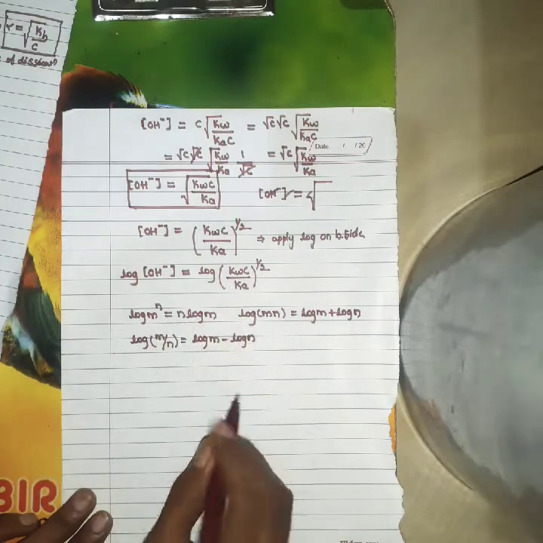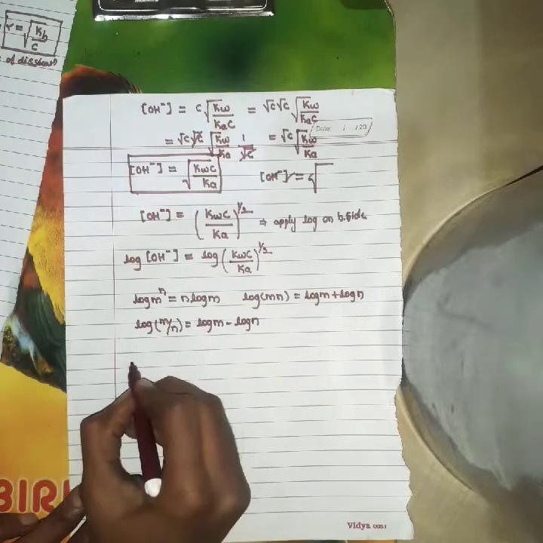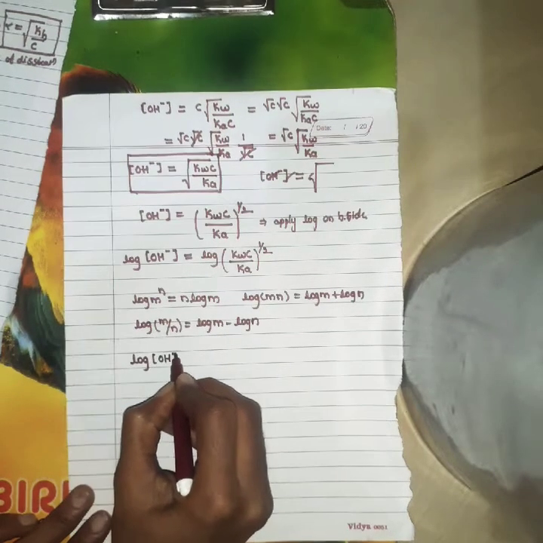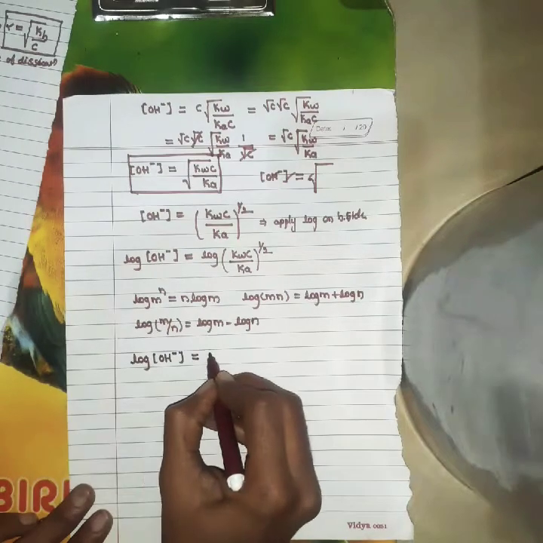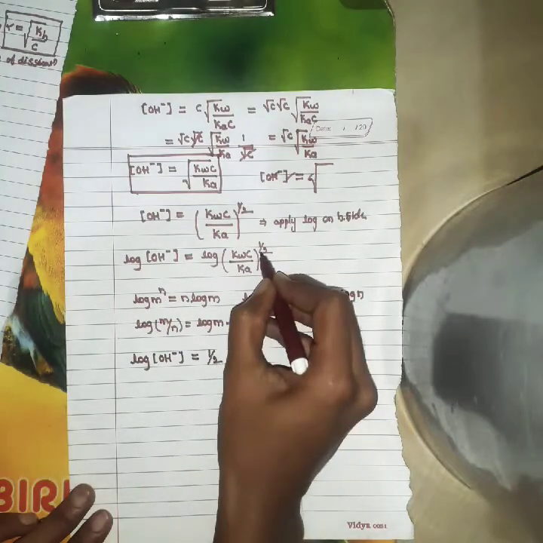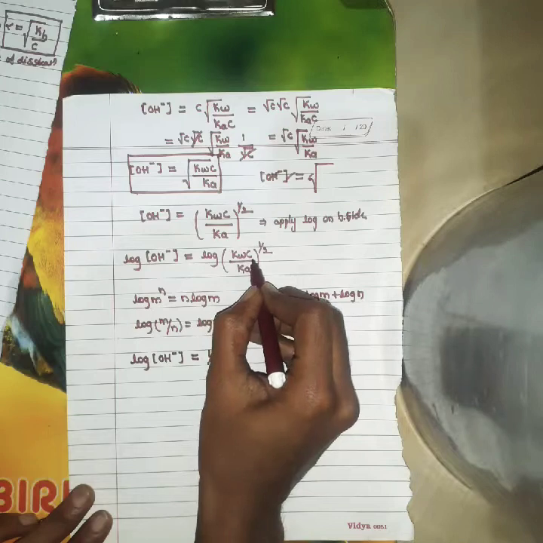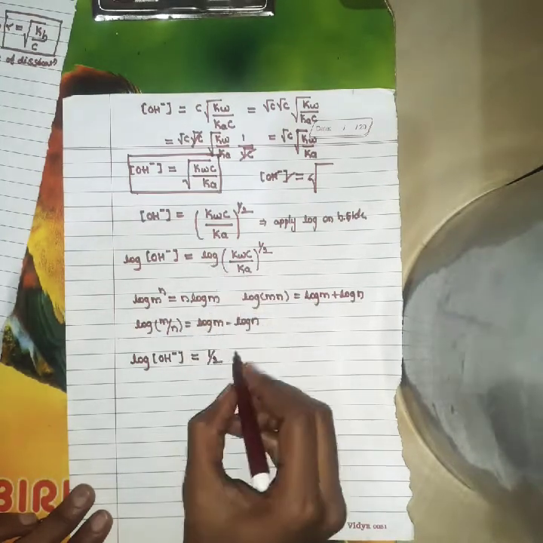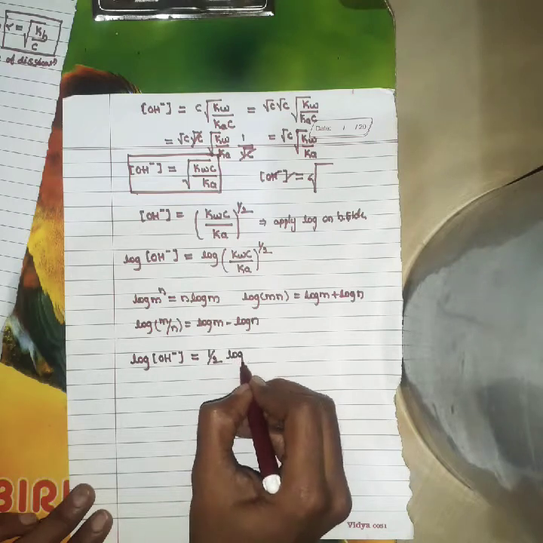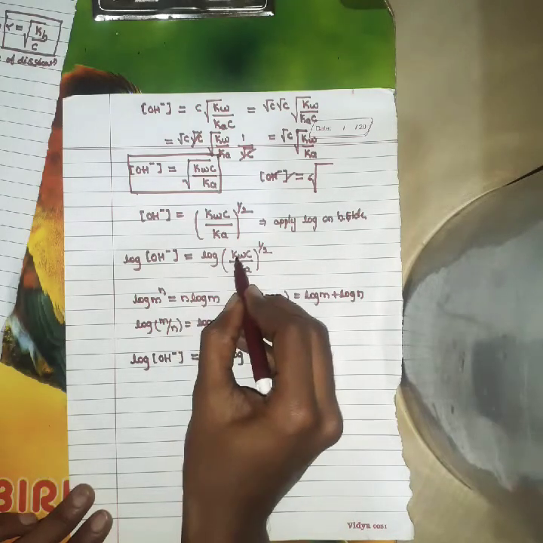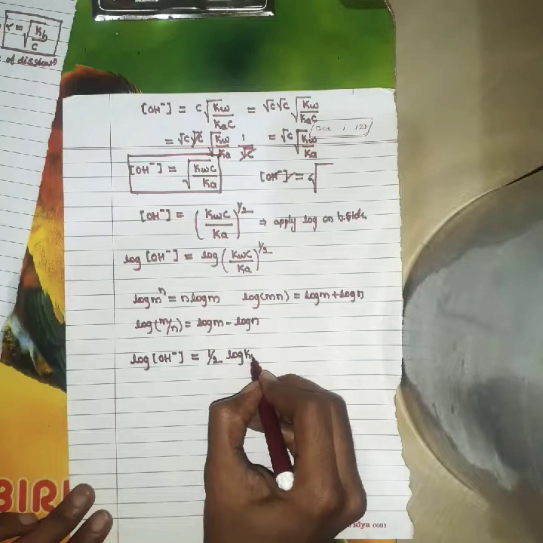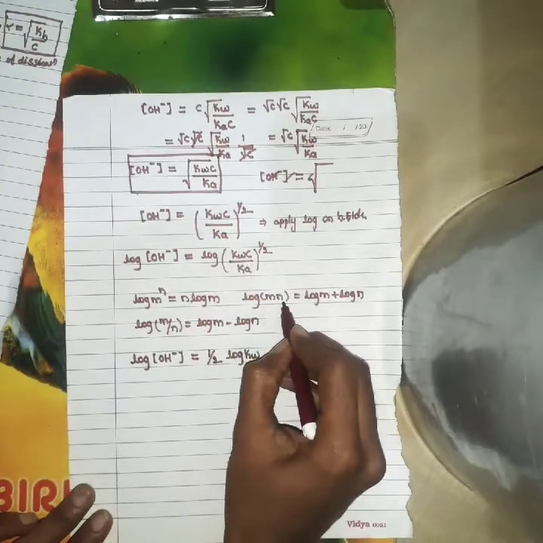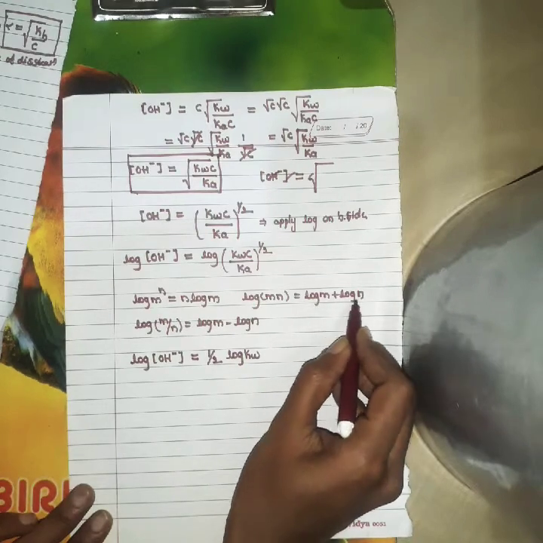Apply these properties to the above equation. Then the equation becomes log of OH minus equal to 1 divided by 2, which is common for Kw, C and Ka. Therefore it becomes 1 divided by 2 log Kw. Kw and C are in multiplication, log m into n, therefore log m plus log n.